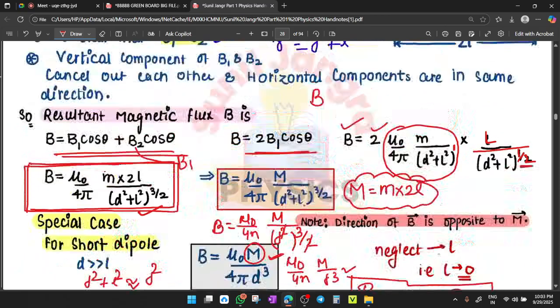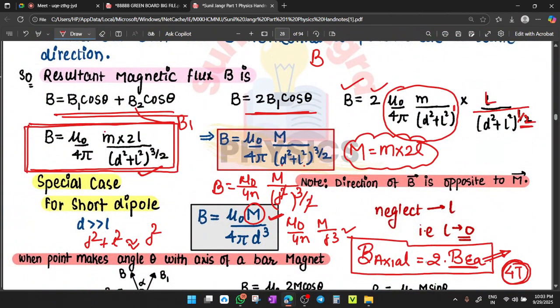For the axial condition, it will be just double the equatorial. I mean to say, whenever B equatorial is given as 4 Tesla and you have to find B axial, just make it double and you will have B axial. Done.